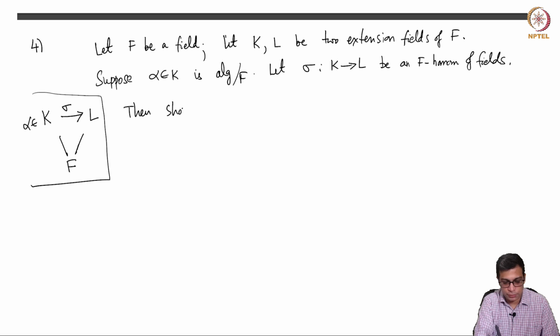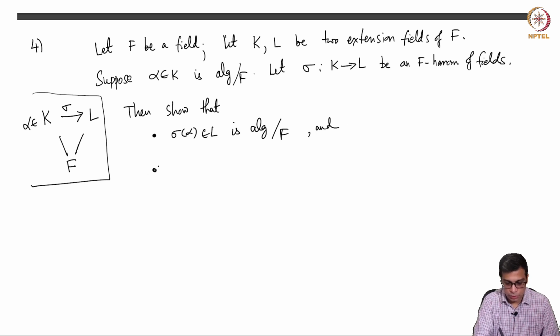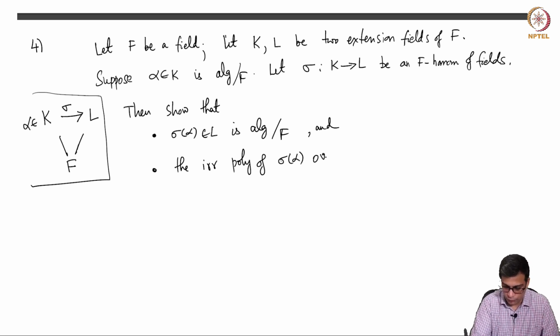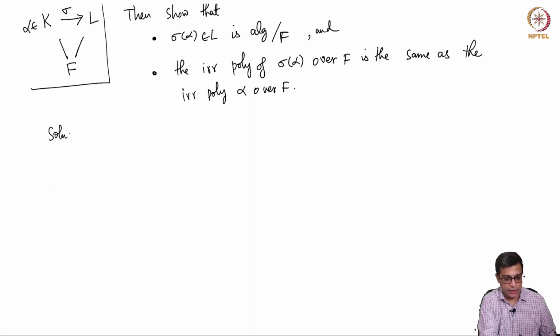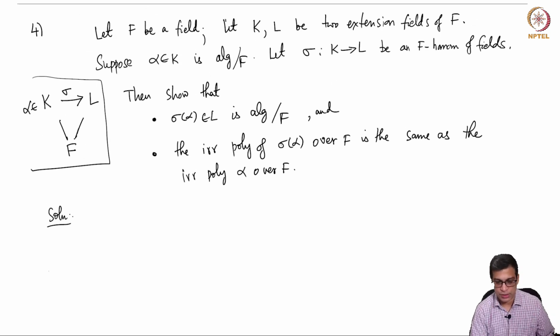So then show two things. Sigma of alpha, which is in L, is algebraic over F, and it is algebraic, so we can talk about the irreducible polynomial of sigma of alpha over F, and it is the same as the irreducible polynomial of alpha over F. Okay, so as I said, this is a very standard result and it's very easy to prove, but I thought I will mention this because it comes up in the next problem, which will be of much more importance for us.